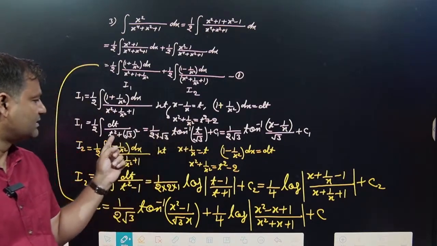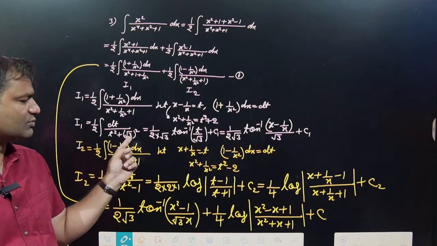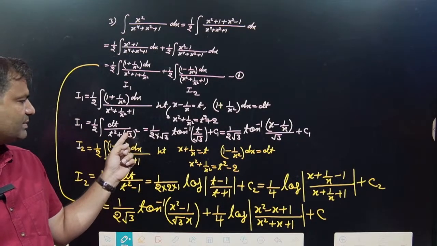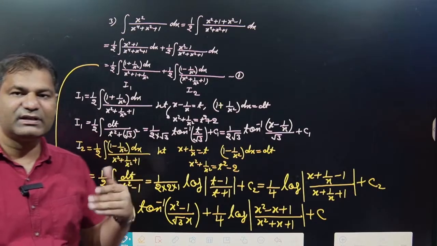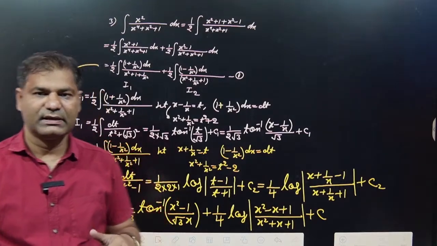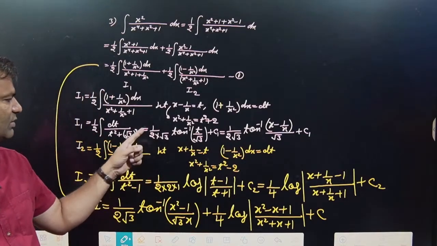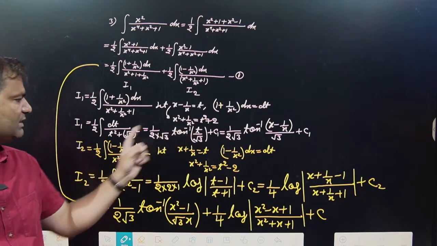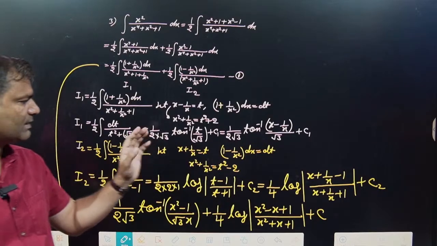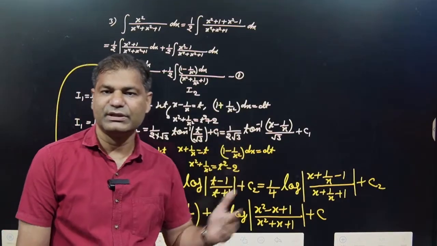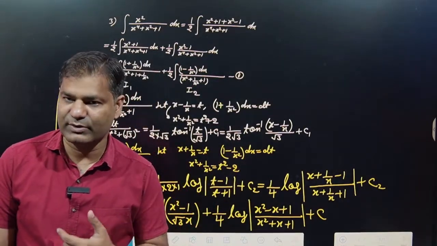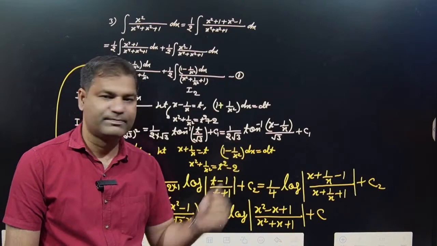Then put here, we got t square plus 1 upon root 3 to 2, t square plus 3, basically written as root 3 to the whole square. Then what is the advantage? We got 1 upon a into tan inverse t upon a, basically root 3. Then t is replaced by how much? x minus 1 upon x. Then we got this one.